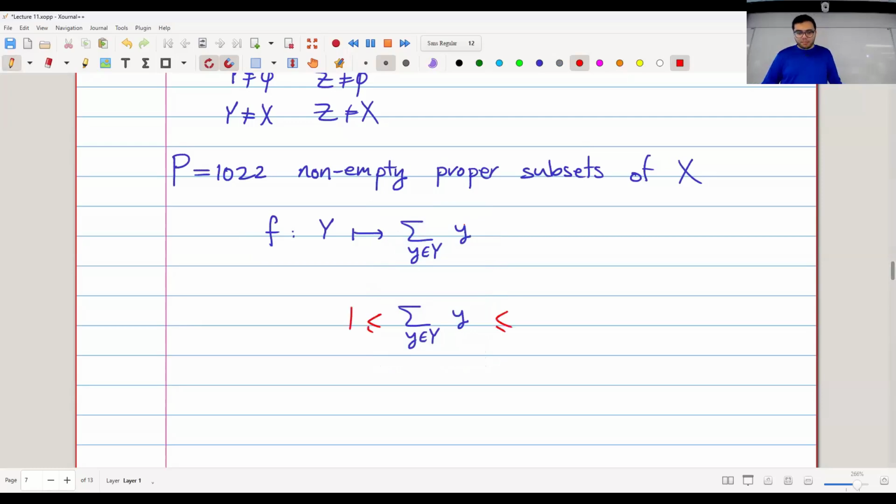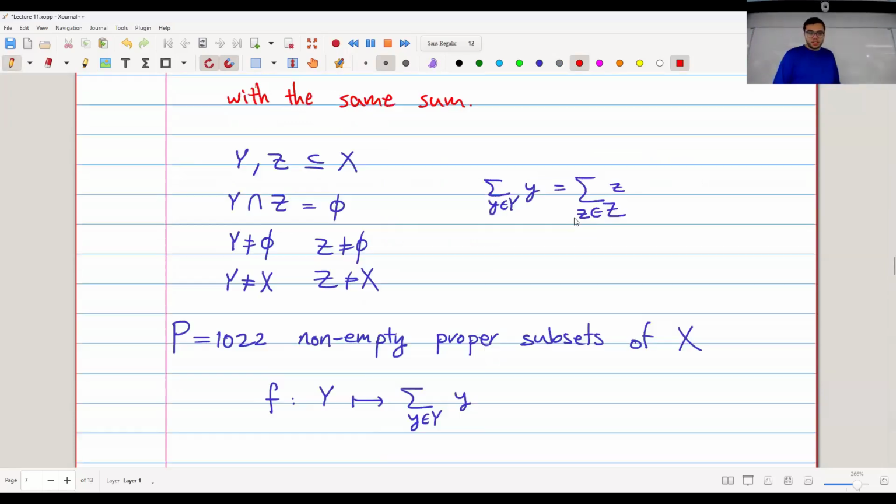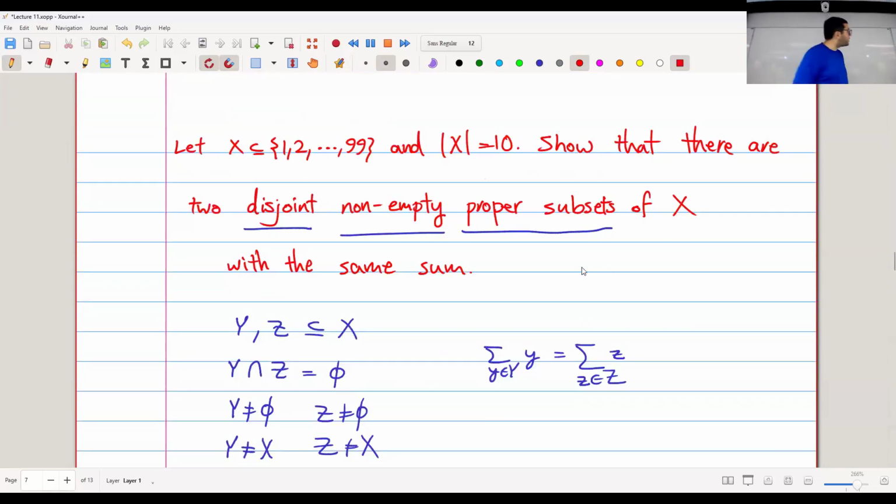But what is the maximum sum that I can get? Again, look here. X has 10 elements, right? And then I have to take a proper subset of X. So I'm taking 9 elements at most. And if I want to have the largest possible sum, I'm going to take the 9 largest elements here.